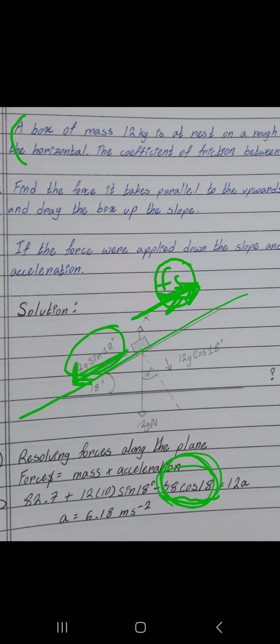This is how it works. Now in part A, we wanted to move it this way. So here we had force F, here nothing, and here we had the static friction force, and it was fair enough to move it.